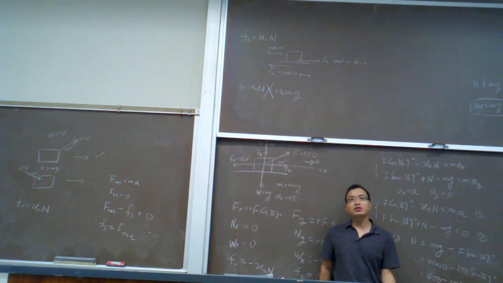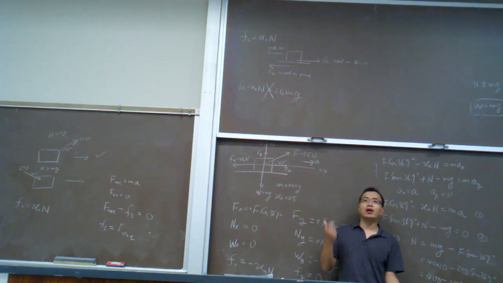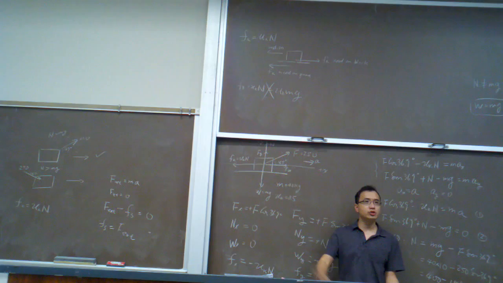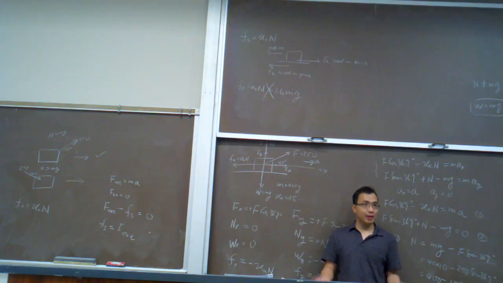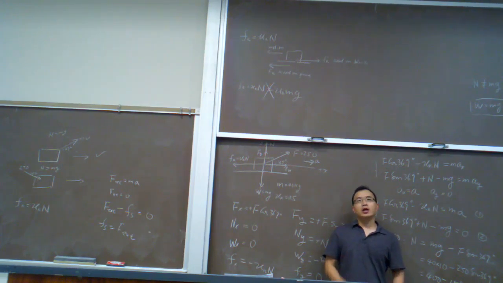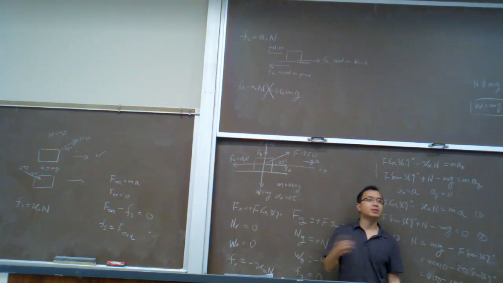So if you give 50 newtons of pushing, and the system can only give 40 newtons of static friction, what happens? Then the object starts to move. So when you try to move anything, you have to give enough force to overcome the maximum static friction.